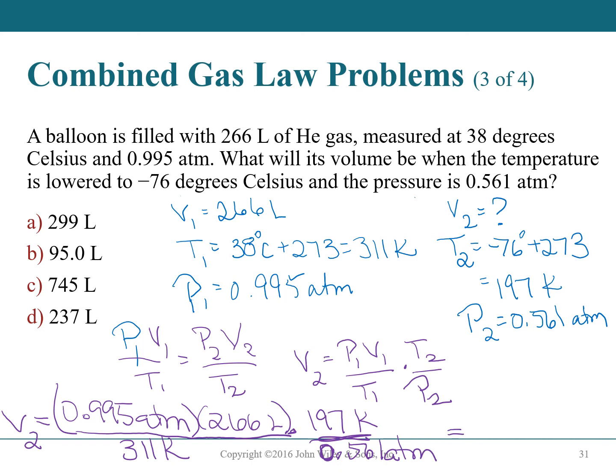Okay, our atmospheres cancel out, our Kelvin cancels out, so our units are going to be in liters. So that part's good. Everything's three significant figures, so 0.995 times 266 times 197 divided by 311 and divided by 0.561. And we get 299 liters of gas for our volume.